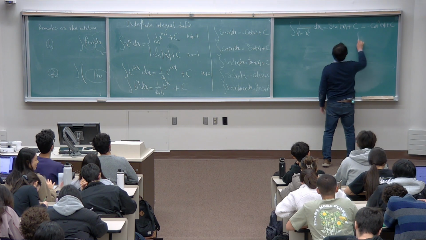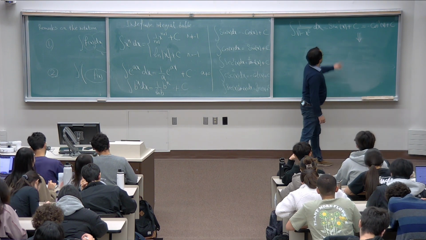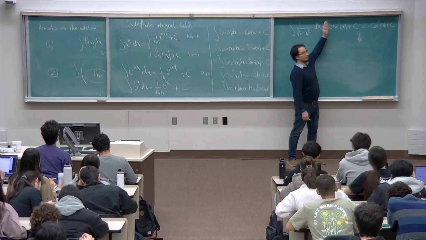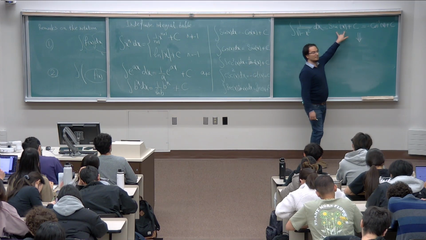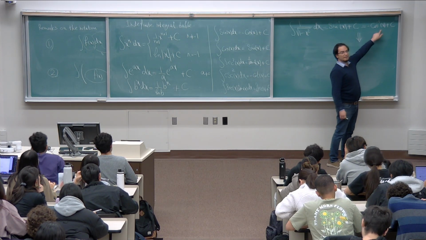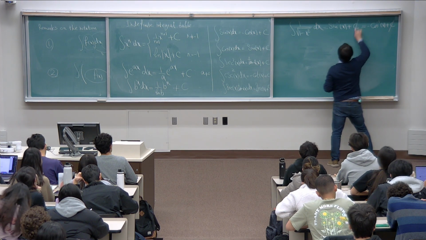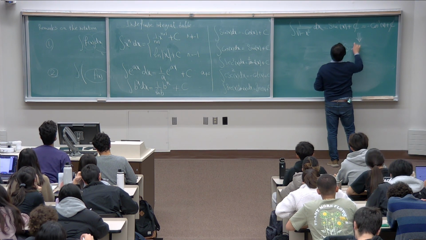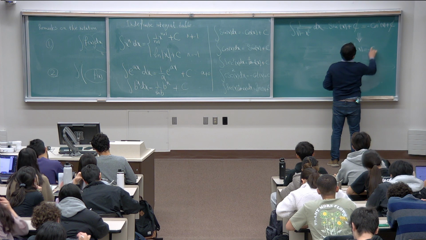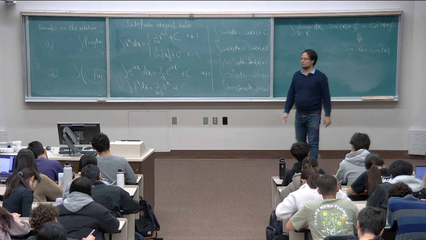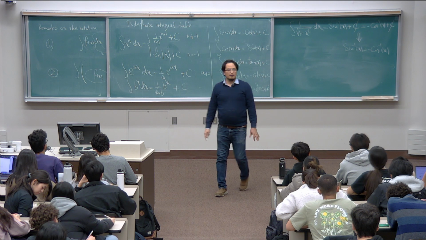Why? Wait, if sine inverse plus c is the same as negative cosine inverse plus c, I can cancel these guys. I get sine inverse x is equal to negative cosine inverse of x. Is that right? Let's check it.